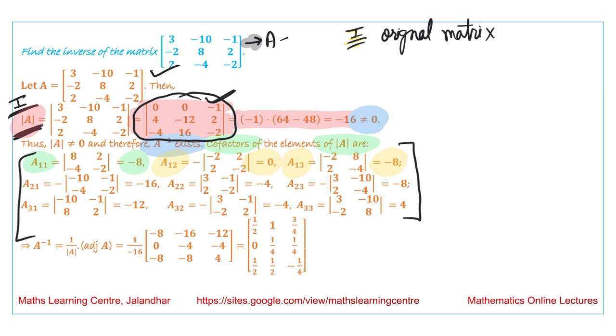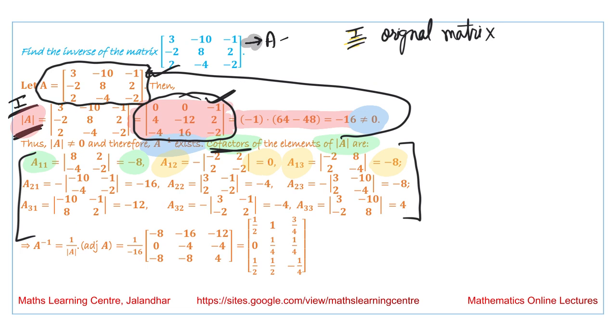We are saying determinant of both these matrices are equal. It doesn't mean that their cofactors are also equal. So this thing you must keep in mind, that whenever you are calculating the cofactors, you are calculating the cofactors of this matrix. This is a common mistake that students commit.